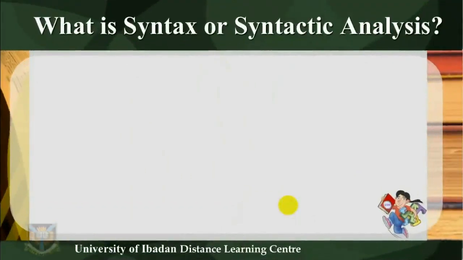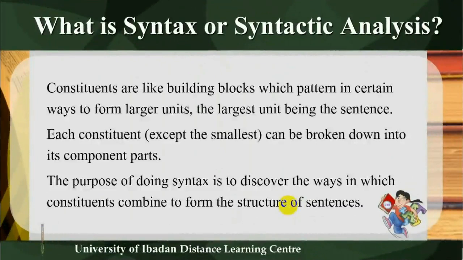Constituents are like building blocks which pattern in certain ways to form larger units. The largest unit being the sentence. Each constituent, except the smallest, can be broken down into its component parts. The purpose of doing syntax is to discover the ways in which constituents combine to form the structure of sentences.